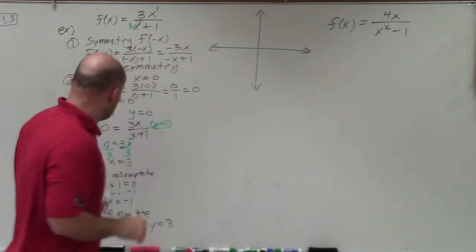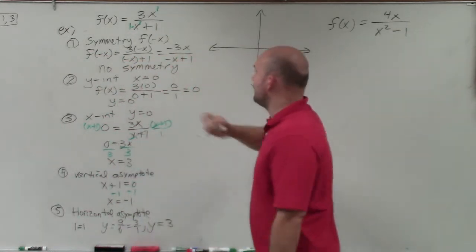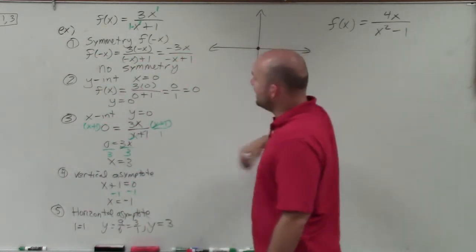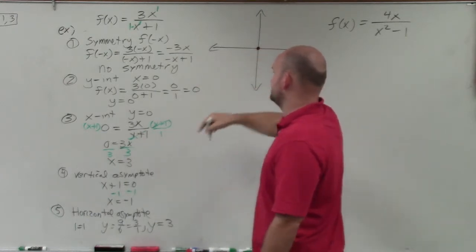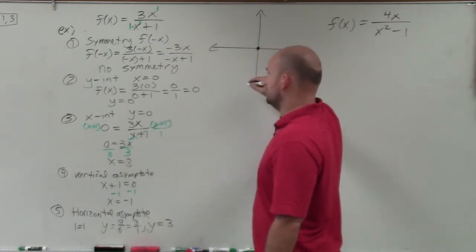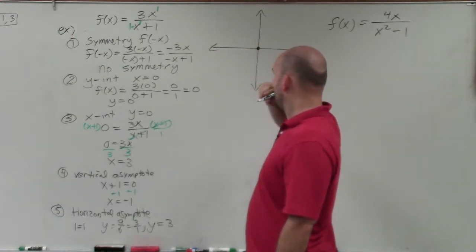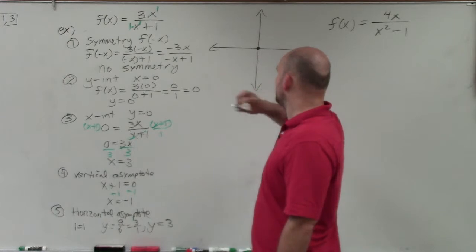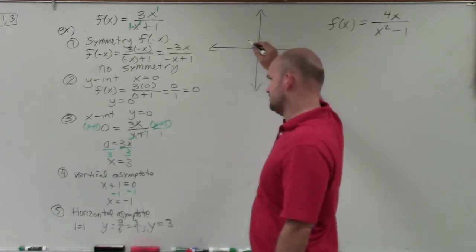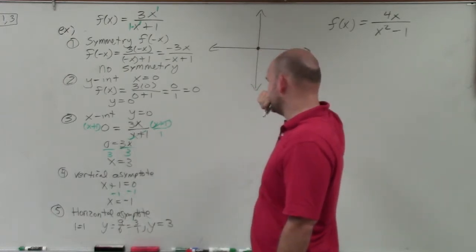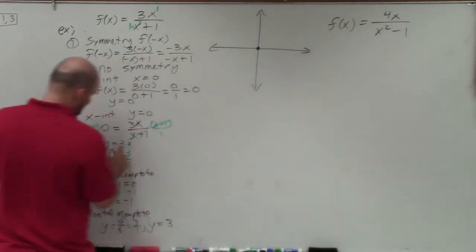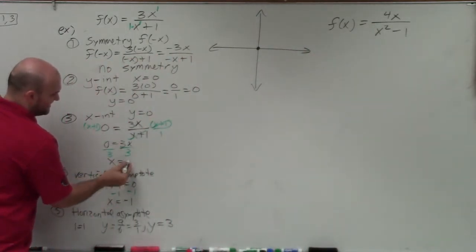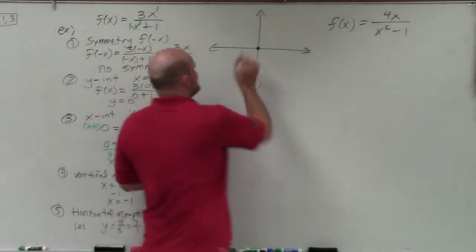OK, so by graphing the information I have, a y-intercept at 0, and an x-intercept at 0. Oh, I'm sorry, my graph crosses the y-axis at 0, and my x-intercept is also at 0.